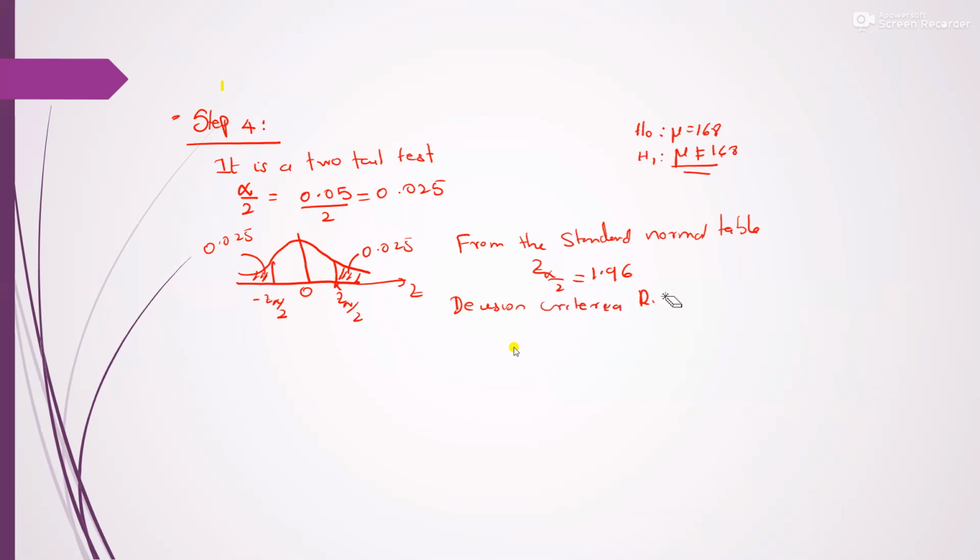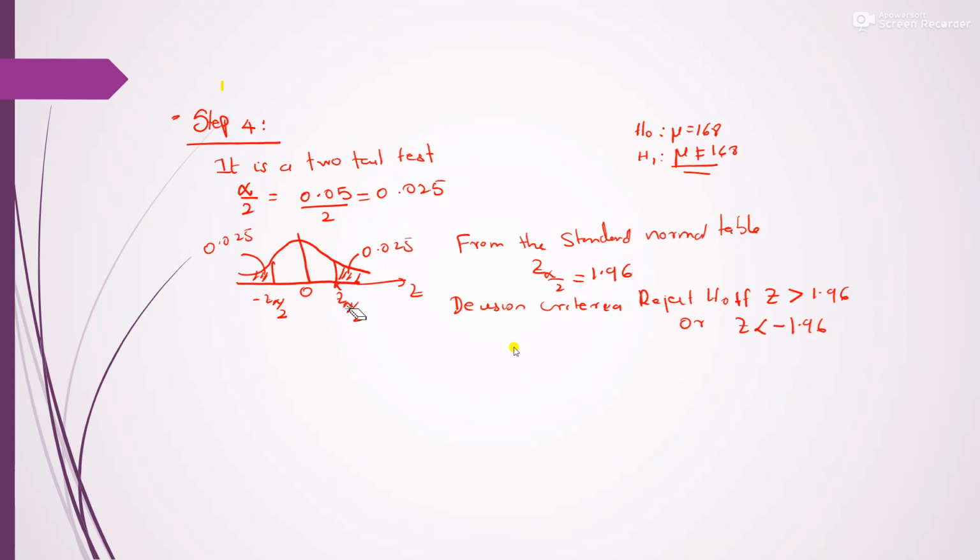Reject H naught if Z greater than 1.96, Z less than minus 1.96. Because these two are the rejection region.